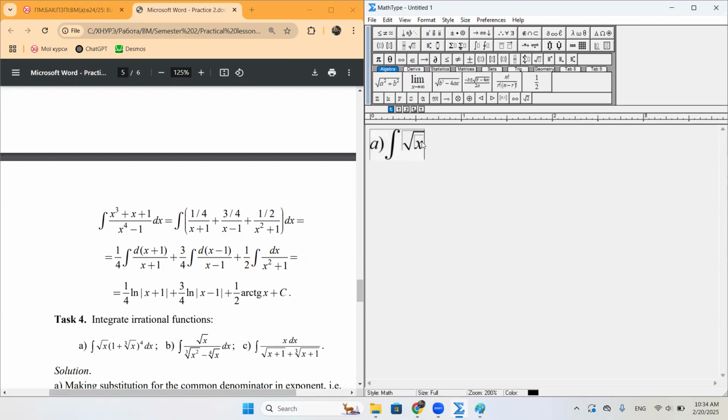So let's write such integral. 1 plus root of power of 3, in power 4, dx. So your ideas how to solve it, your suggestions.